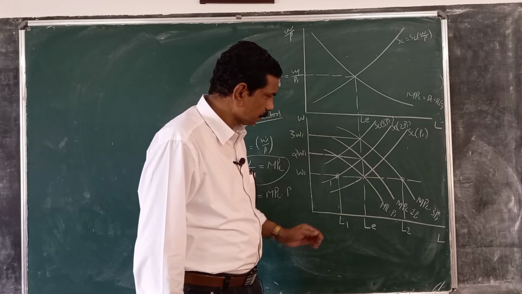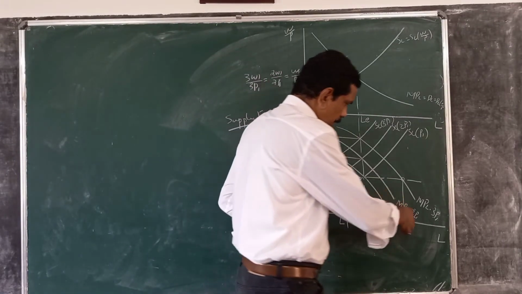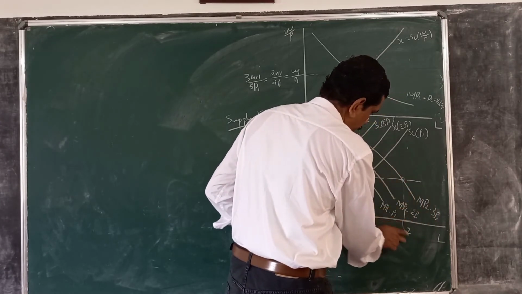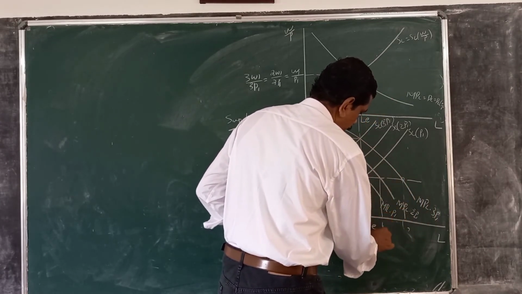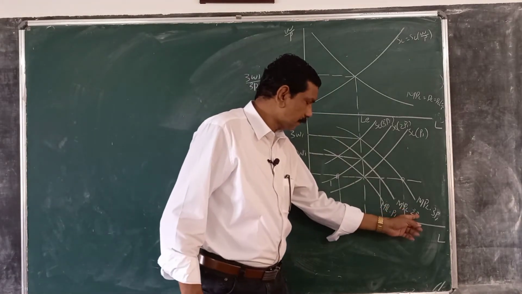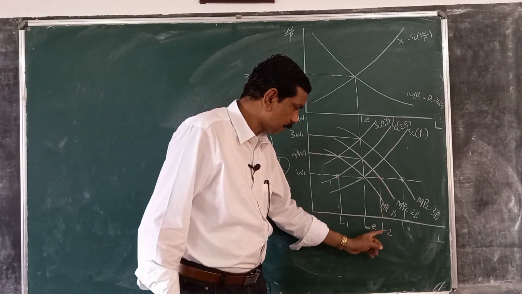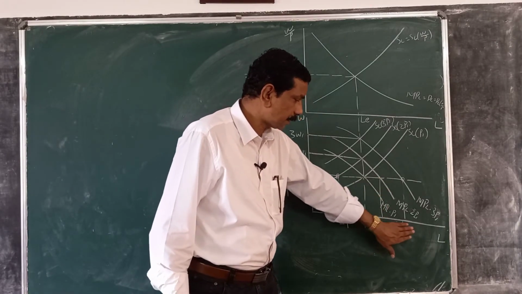For example, if the price level becomes 2P1, for the money wage W1, how much labor is demanded? L2 labor is demanded.